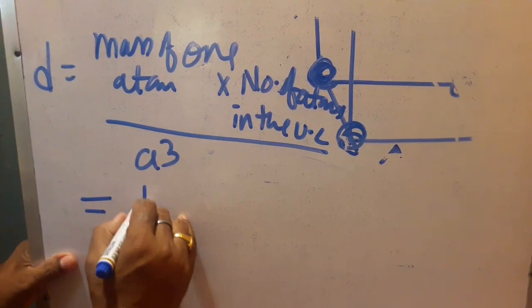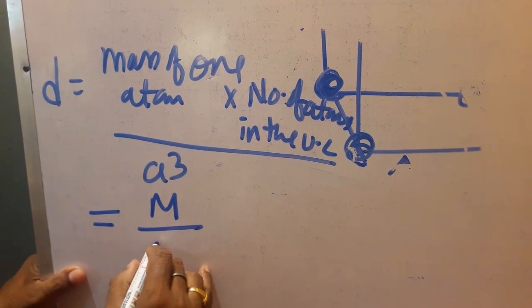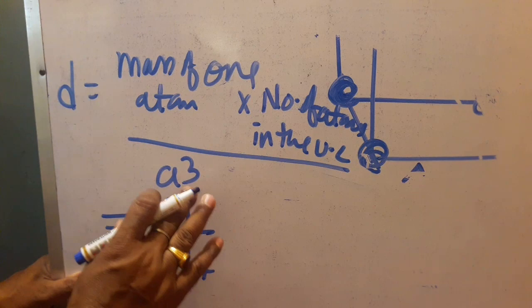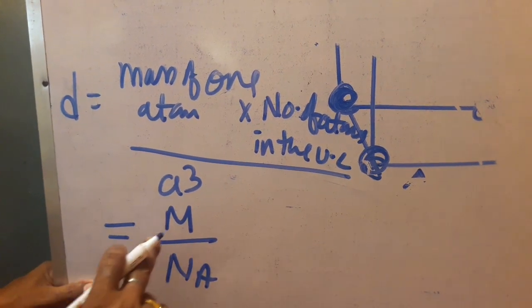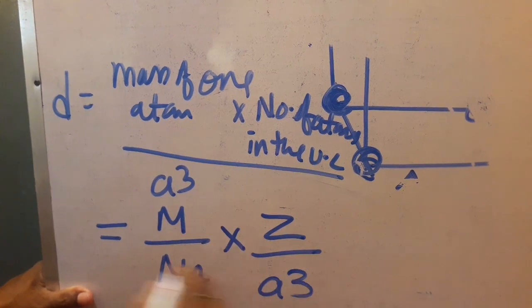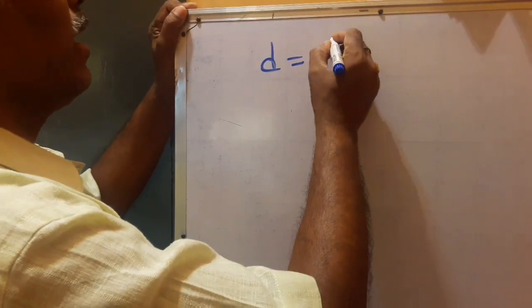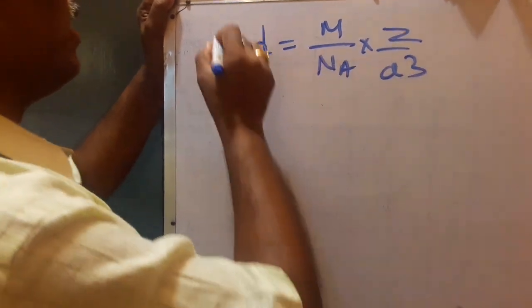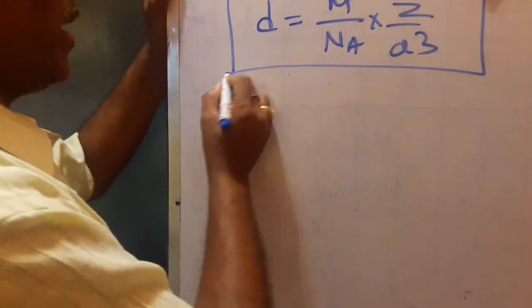Mass of one atom is equal to molar mass of the substance by Avogadro's number. You know Avogadro's number of atoms constitute 1 mole of substance, so equal to molar mass M into Z number of atoms by a cubed. So we can say d is equal to M by N_A into Z by a cubed. Okay, this is the formula by which you can calculate density of solid.